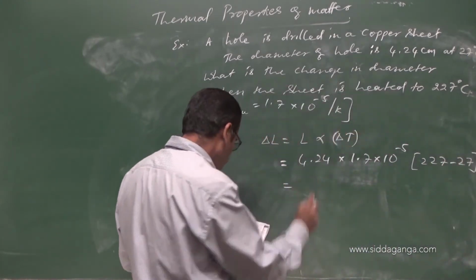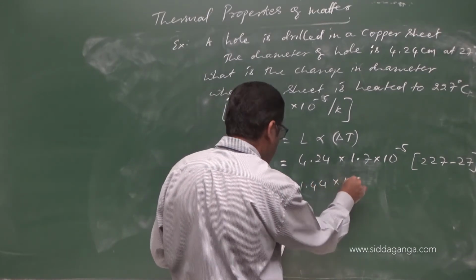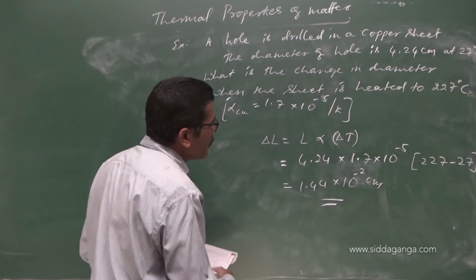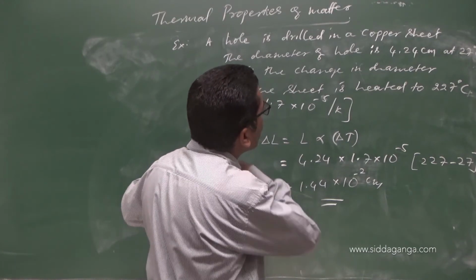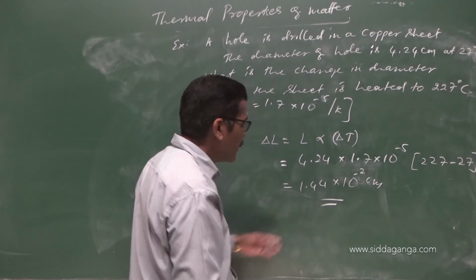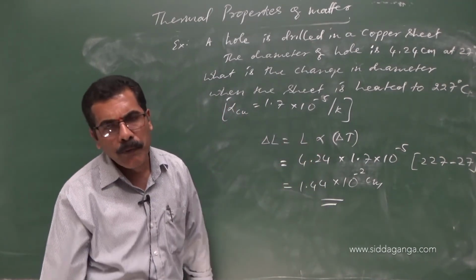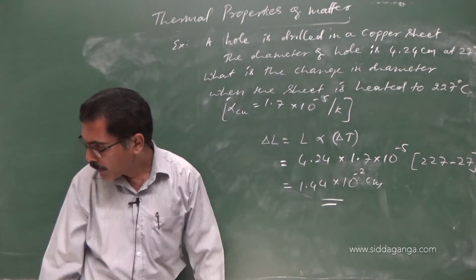When you simplify this, you are going to get 1.44 into 10 raised to minus 2 centimeter. Therefore, the increase in the diameter will be this much. You can take it as D or L, no problem.